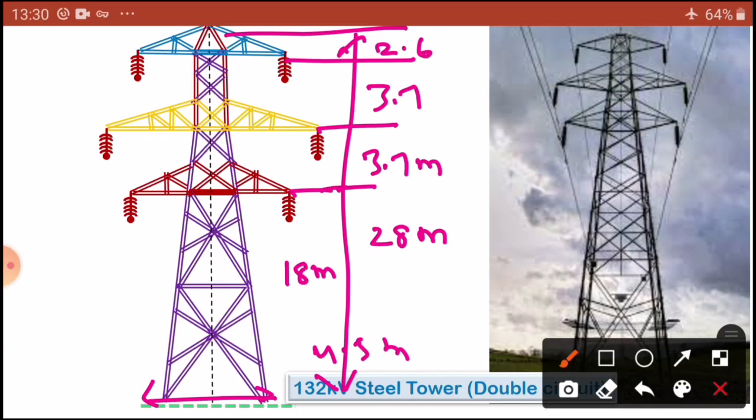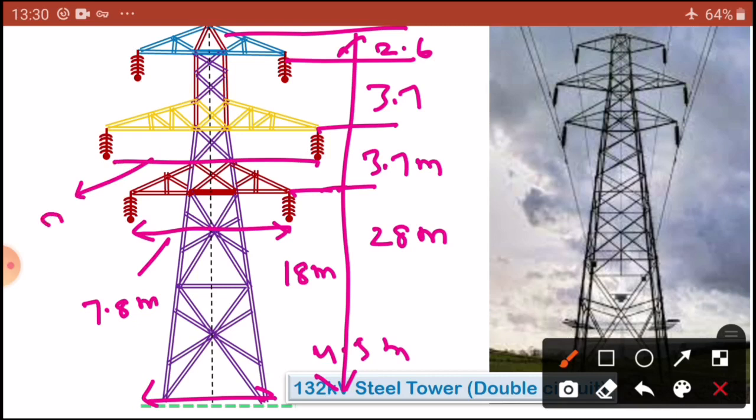The length between the two strings is nearly 7.8 meters. Now this string is placed at 8.2 meters, somewhat bigger, and here the length is only 6.4 meters, such a way that our engineers have designed it.